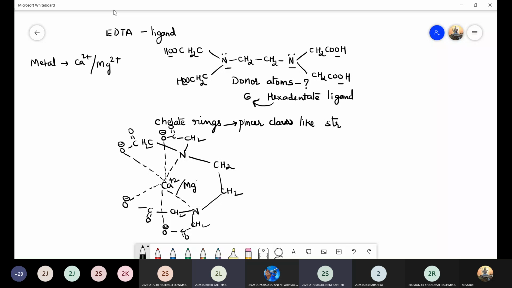Yes, ma'am. So this structure, you can just practice it. You write with different donor atoms how they are linked with the central metal ion. Shall we proceed?